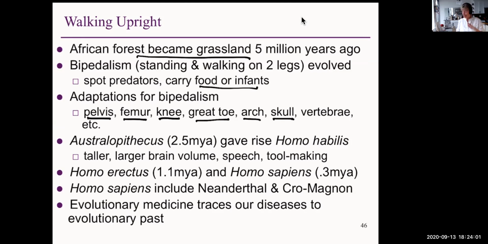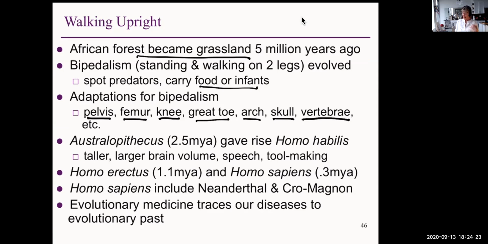We have vertebrae that are articulated in such a way for walking. These are all adaptations for bipedalism, walking upright. Are they perfect? No, they're not perfect. If they were, we wouldn't get back problems and we wouldn't get knee problems, but we do, particularly as we get older.